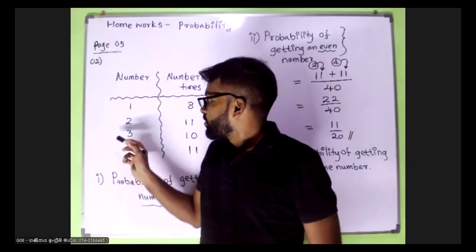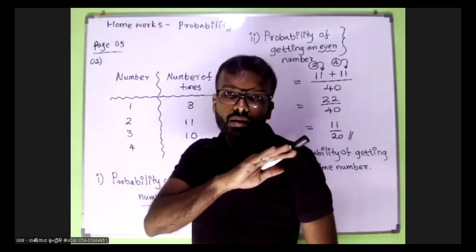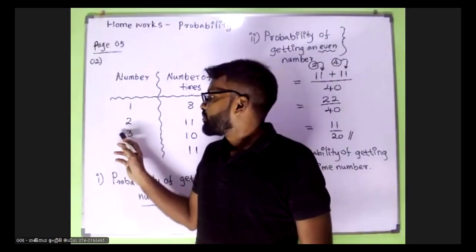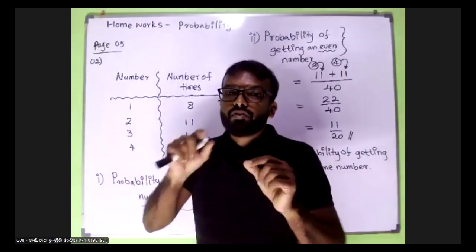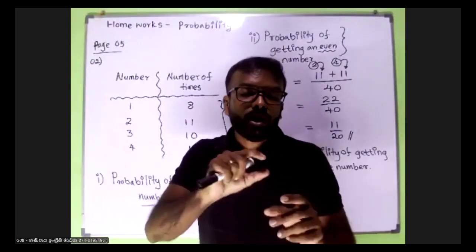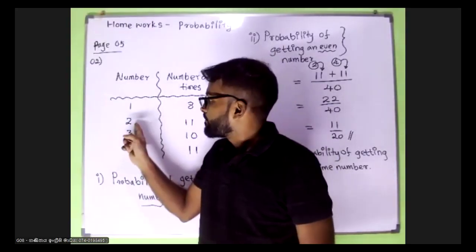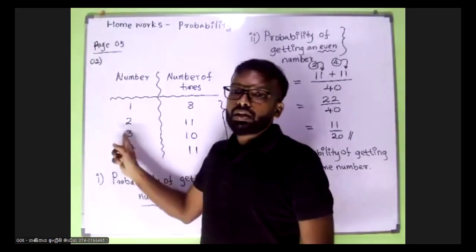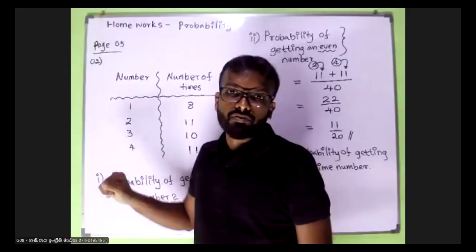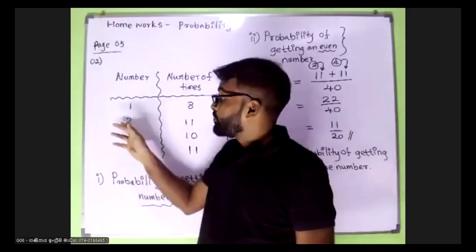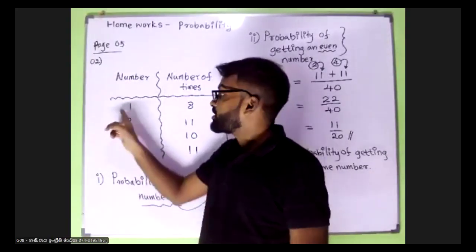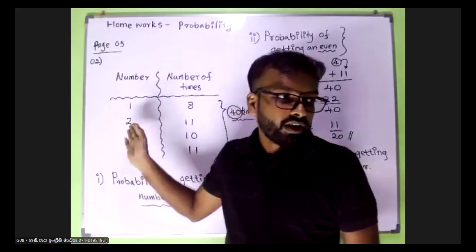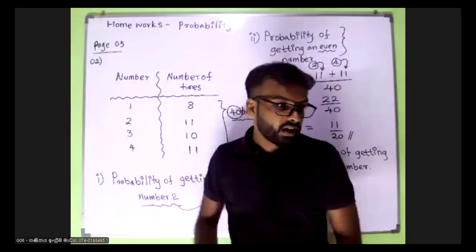So 2 can be divided by 2 only, 3 can be divided by 3 only, and you can divide them by 1 also. But 1 is not a prime number, because you can divide any number by 1.